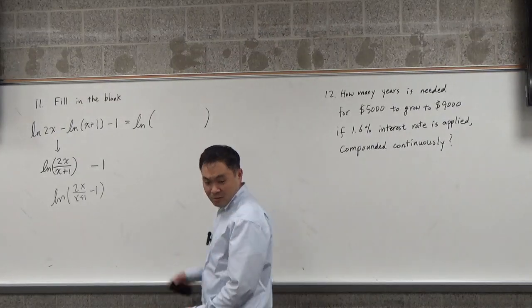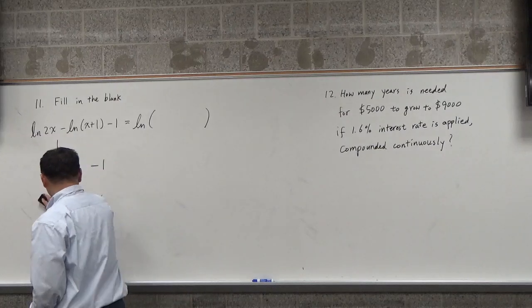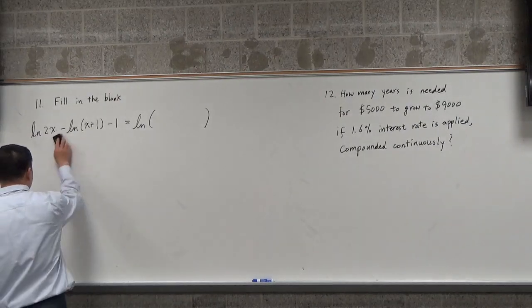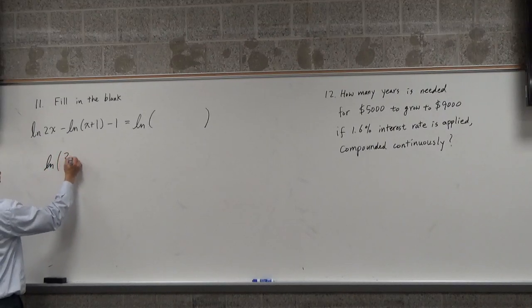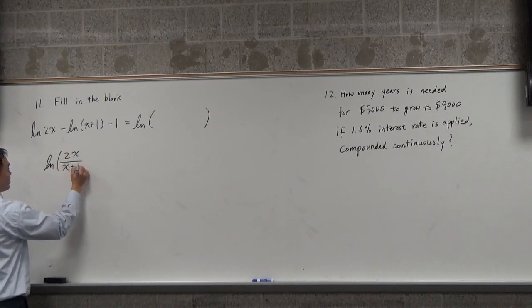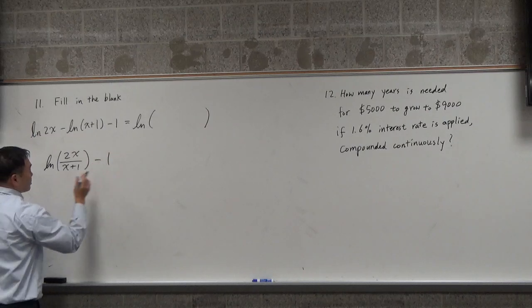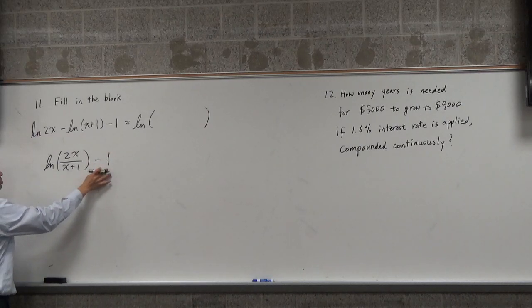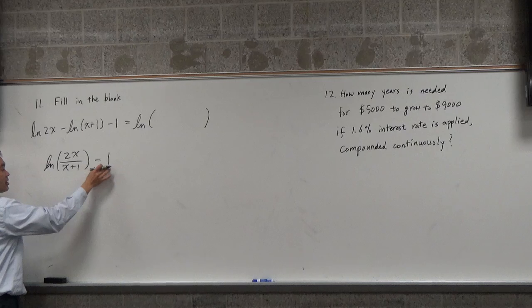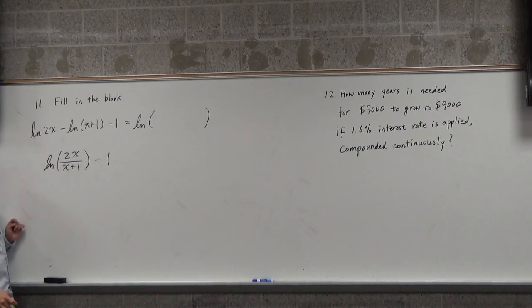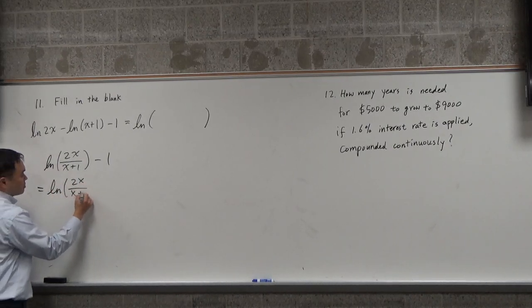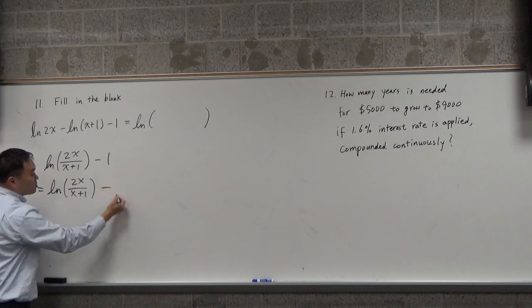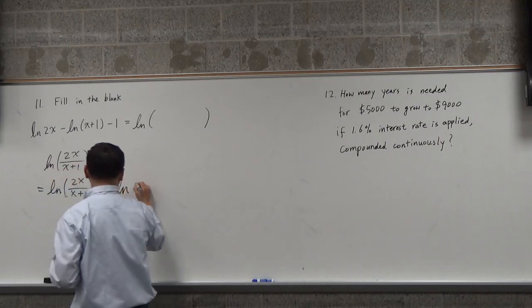So instead, in order to combine these into a single log, you first have to change this into something that has a log. In other words, I want 1 to be ln of something.